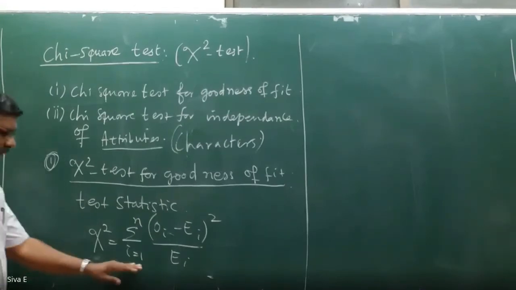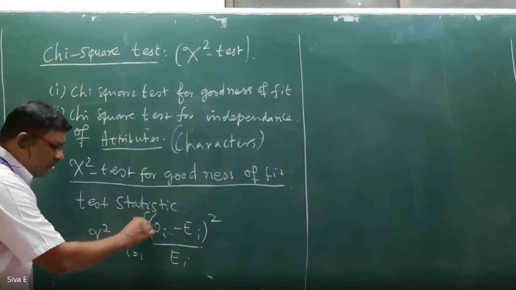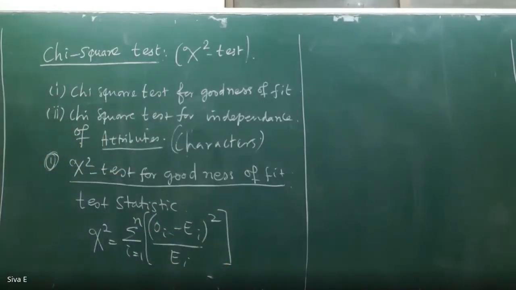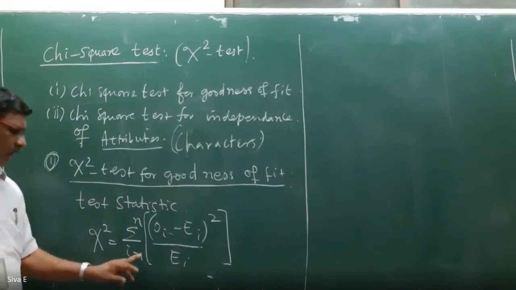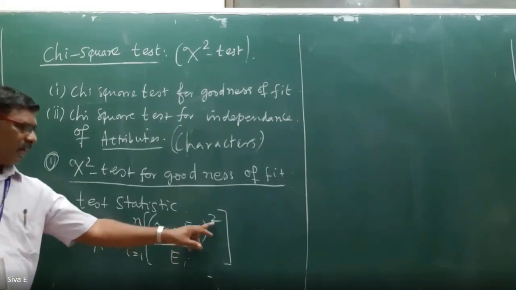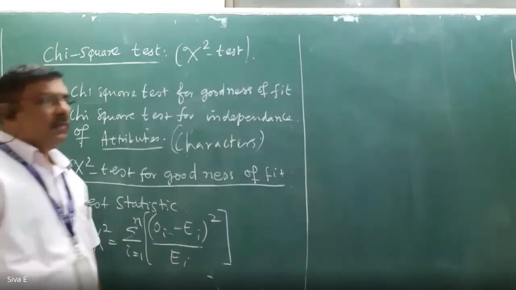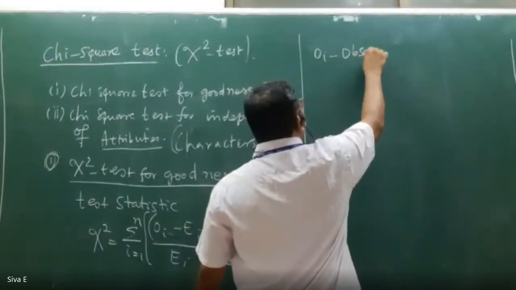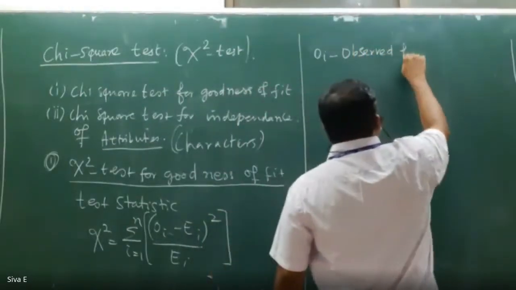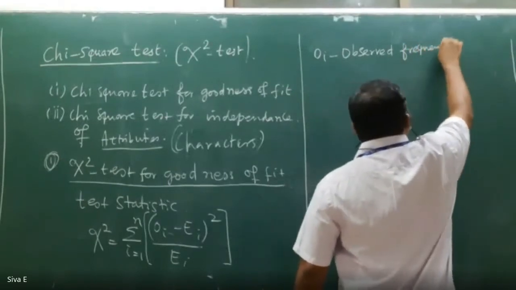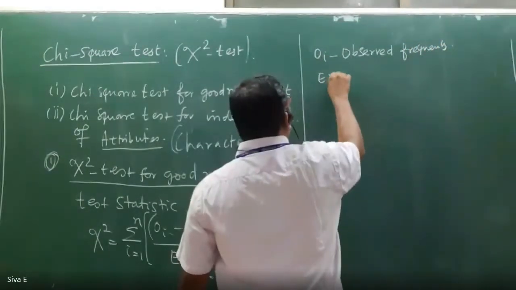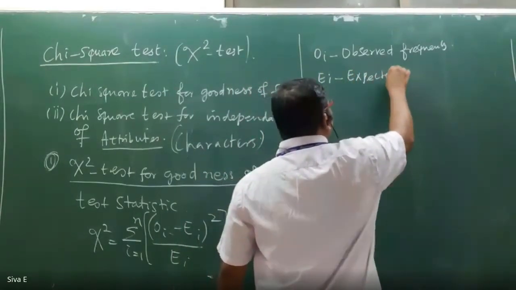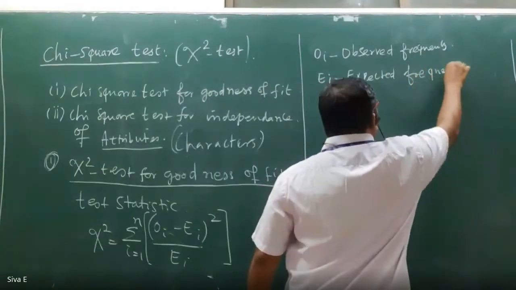This summation is common for the whole thing. Chi-square equals summation i equal to 1 to n, (Oi minus Ei) whole square by Ei, where Oi is known as the observed frequency, Ei is called the expected frequency.